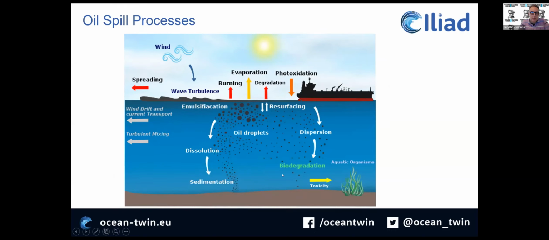One of the most important is biodegradation. Biodegradation has been overlooked in the various numerical models and is not really well described. Biodegradation is the response of the marine environment, through a series of microorganisms, to try to decay and degrade the oil and in fact reduce its toxicity.